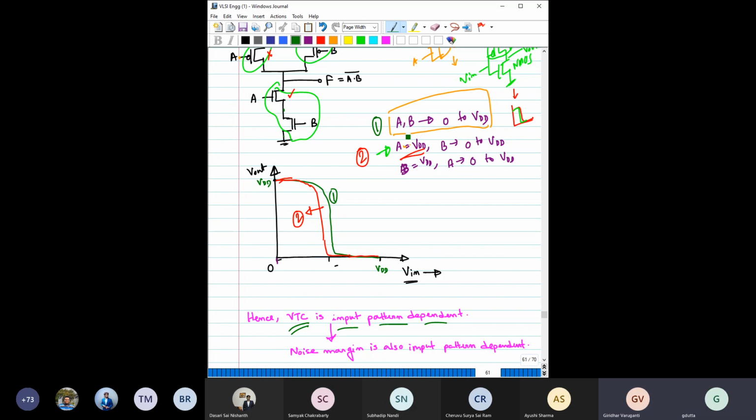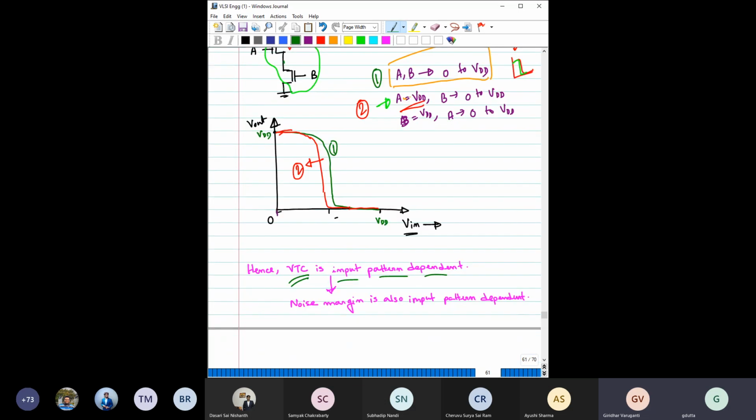Now, if the VTC is changing, please recall our initial analysis, what is happening to the noise margin, right? Noise margin low, noise margin high. So basically we are changing the noise margin as well if this VTC is shifting. So for this NAND gate, when the number of inputs is more than 1, the noise margin is also dependent on the input pattern, right?